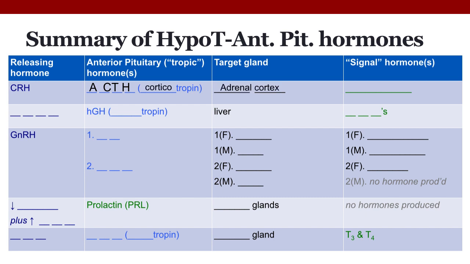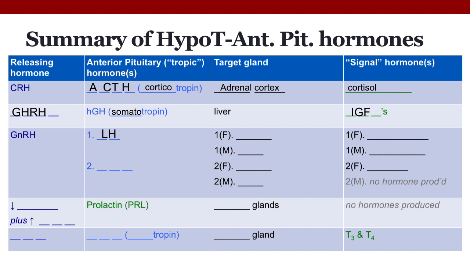This targets the adrenal cortex and results in the release of the signal hormone cortisol. GHRH, or growth hormone releasing hormone, stimulates the release of human growth hormone. This is a somatotropin. This targets the liver, causing it to release the signal hormone IGF. That's just a bunch of growth factors.